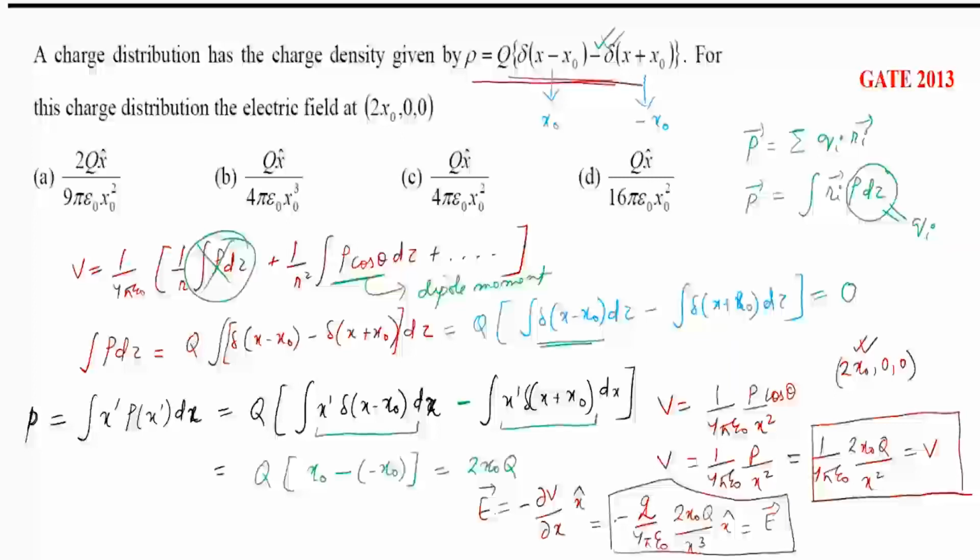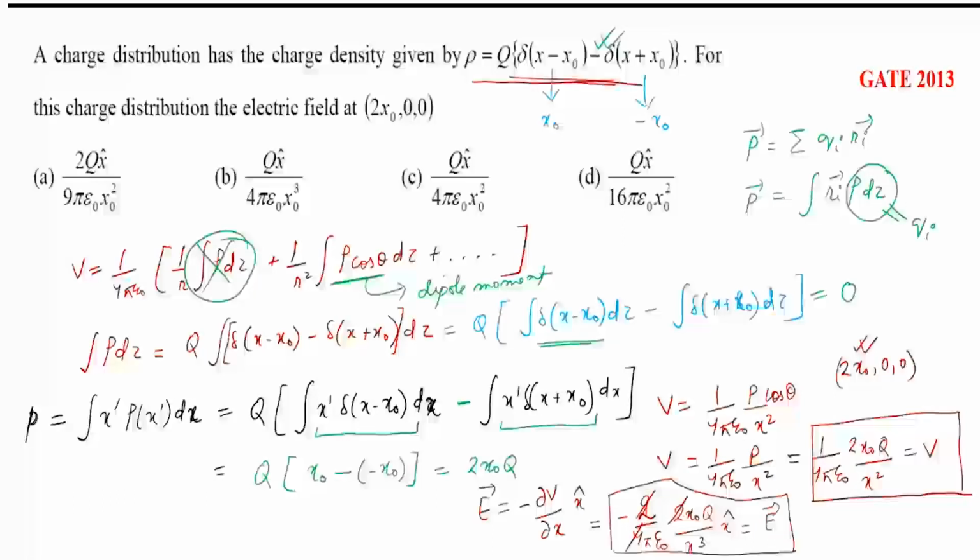Okay, so 2, 2, 4 cancel. So if I substitute for the point 2x naught, 0, 0, then the answer will be minus q by 8 pi epsilon naught x naught square, x cap.